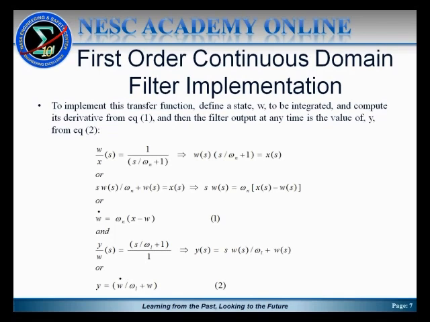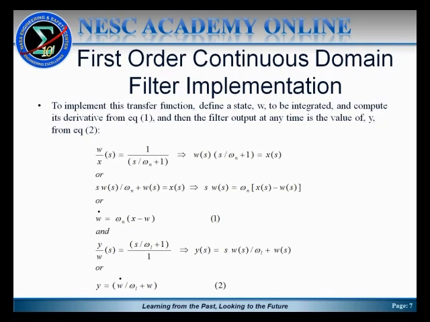And then finally implementing the last part of that lead lag filter, the lead portion, you can write then the output of the total filter y divided by that temporary state w is (s over omega L plus 1) over 1. Again, just rearranging to consolidate the output, you can say y of s is s times w of s divided by omega L plus w of s.